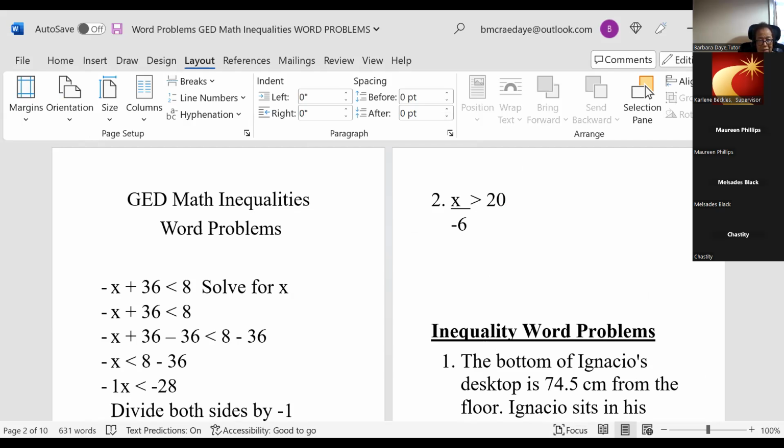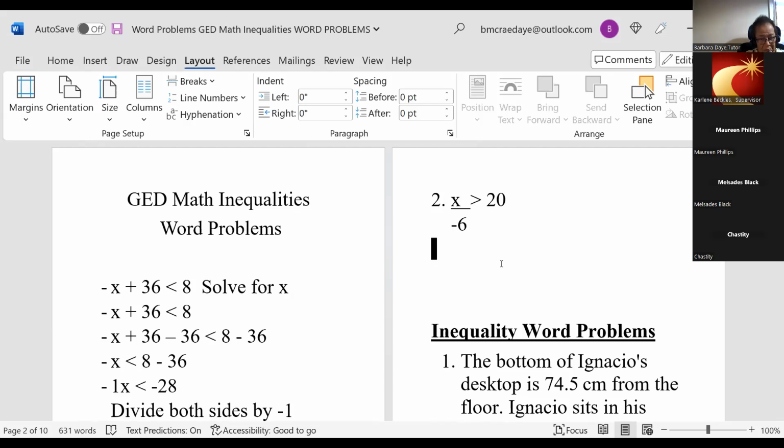What is the value of x? Anybody got the answer? I think I do. What are you giving me, the value of x or the inequality? You want my answer? Yes.